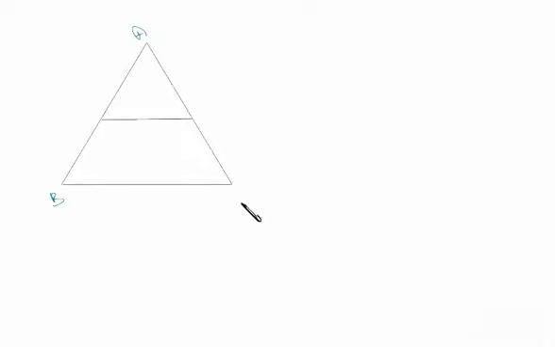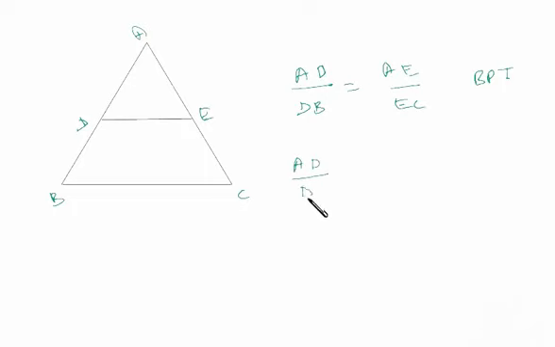Suppose this is ABC and this is the line DE parallel to BC. That means according to basic proportionality theorem, AD by DB is equal to AE by EC, right? This is the basic proportionality theorem. Now what I do is I just add 1 to both the sides. So AD by DB plus 1 is equal to AE by EC plus 1.